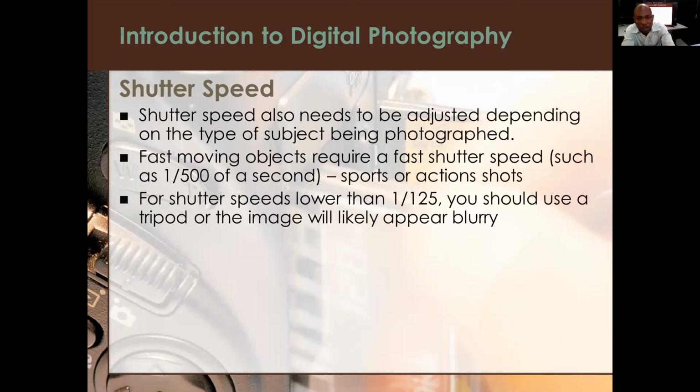For shutter speeds lower than 1/25 of a second, you should use a tripod, or the image will look blurry. So yes, when you're shooting at slow shutter speeds, you need to have a tripod, because there's no way you can hold your hand stable enough to get that image in full focus. It will be blurry.